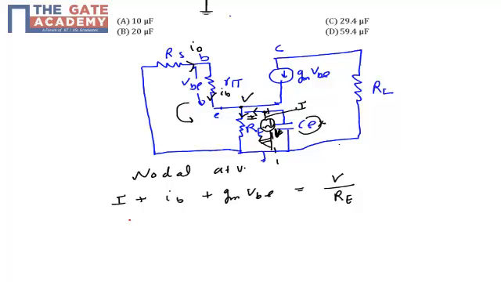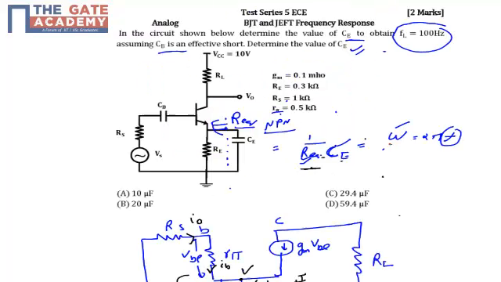So I can represent IB as minus V upon Rs plus r pi, plus gm. We know that gm is related to beta, as beta is gm r pi.